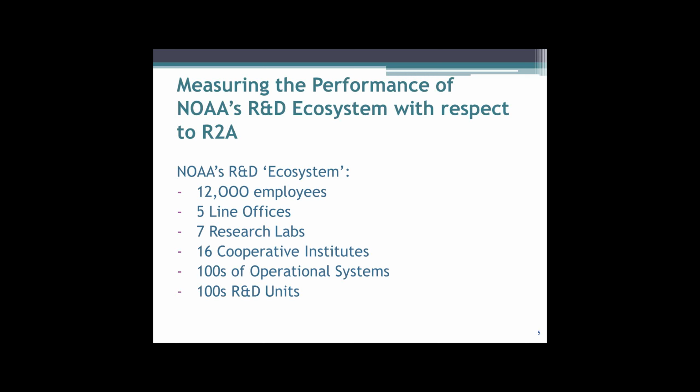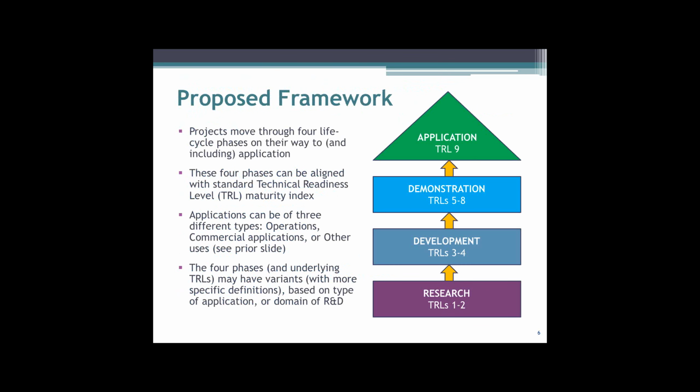It's very complex and interrelated, but somehow the output of that is the new services and products that hopefully benefit the public in general. And so the question is, how do you measure the performance of this ecosystem in terms of its efficiency and effectiveness?